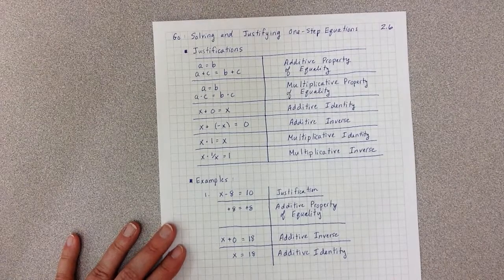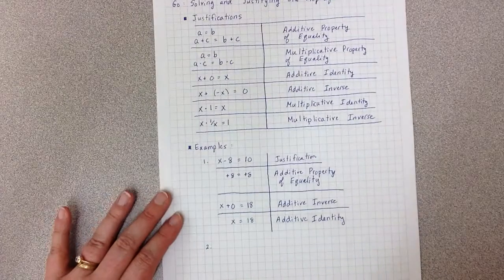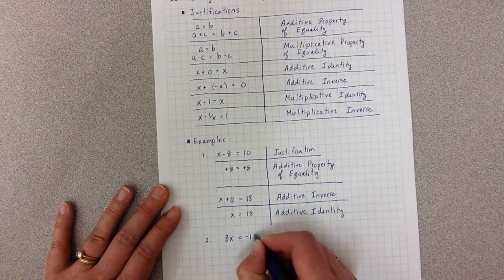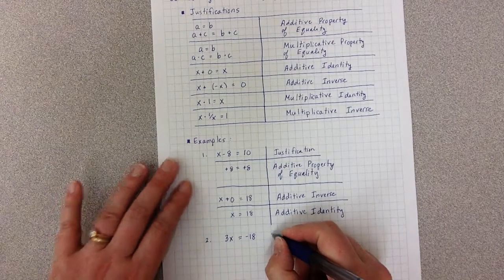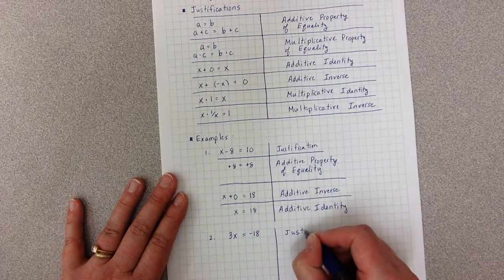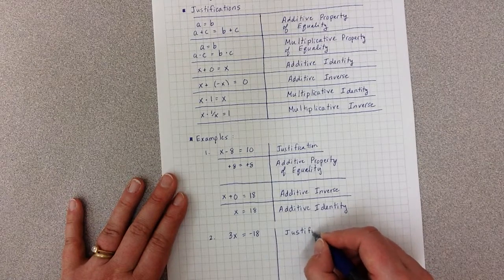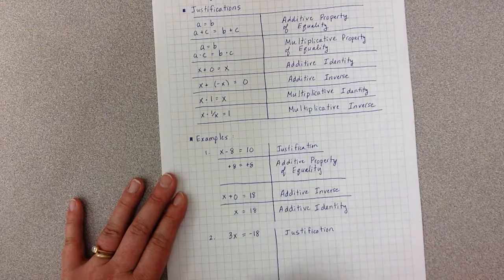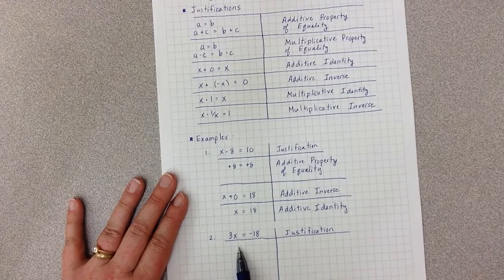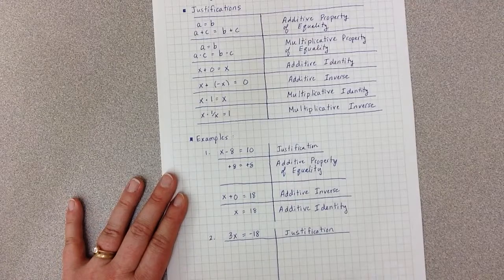We have a second example that we are going to do. In this example, the equation is 3x equals negative 18. Again, we have that two-column business happening, where on my left-hand side is the equation I'm working on, and on my right-hand side, my justification. On my left-hand side, I need to undo, inverse, what's happening between the 3 and the x.